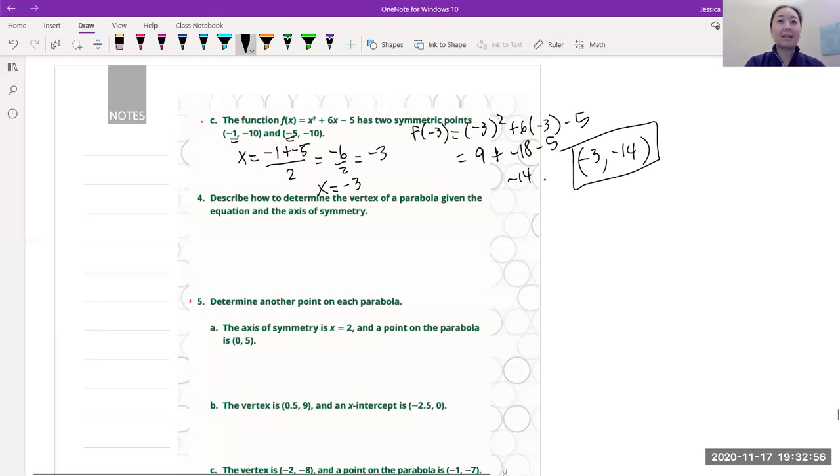Boom, just like that. All right, so how do we determine the vertex, given the equation and the axis of symmetry? So plug the axis of symmetry into the function to get the y coordinate, right?